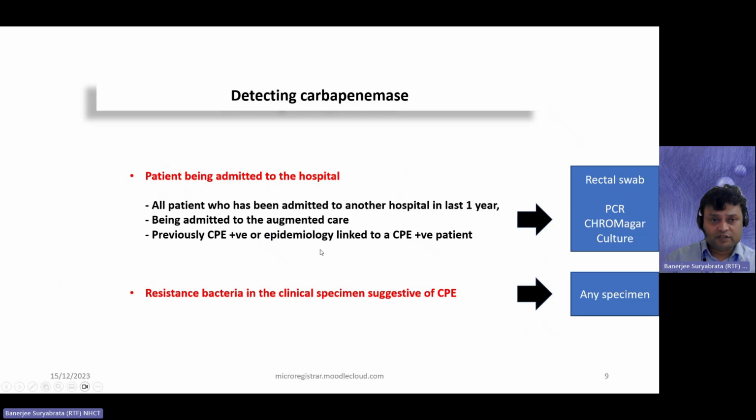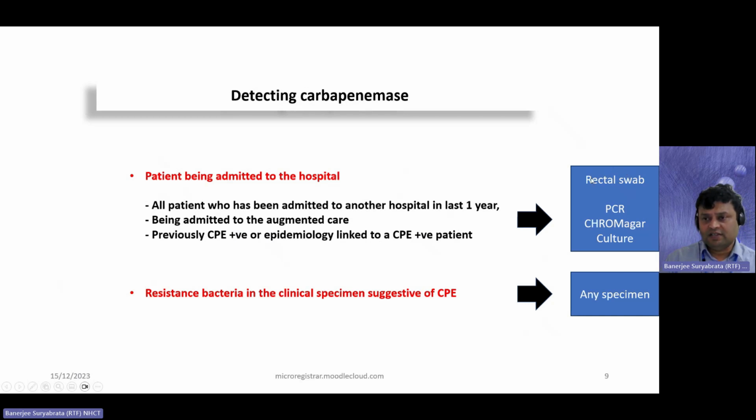In the group of patients who are being admitted to hospital, UKHSA suggests that any patient who has been admitted to another hospital in the last 1 year should be screened for carbapenemase. If the patient is being admitted to augmented care, like critical care or SCBU, they should be screened. If a patient has previously been positive for CPE or is a contact of a CPE positive patient, they should be screened as well.